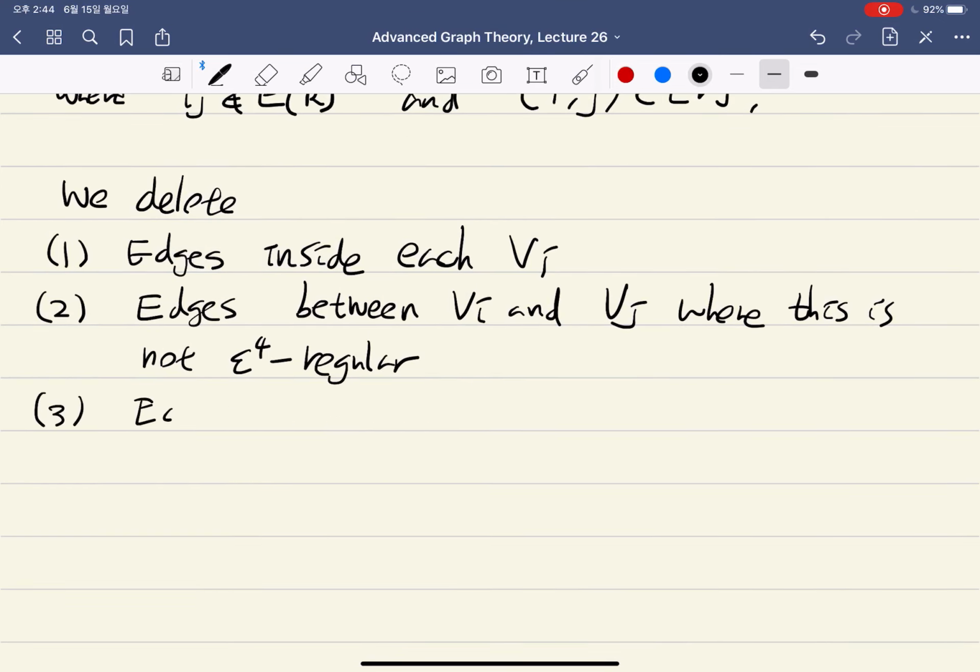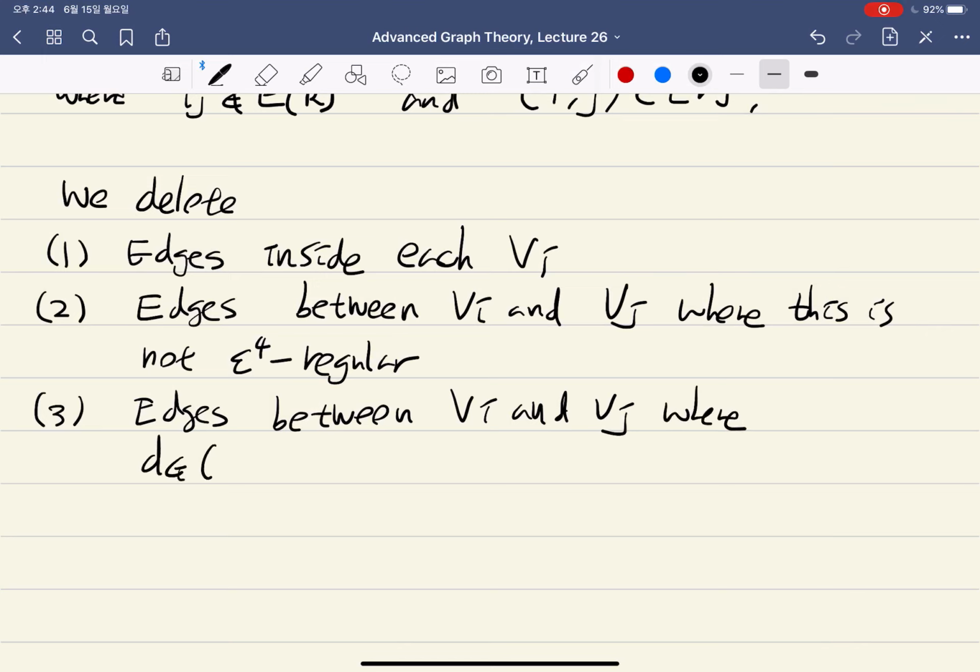And we delete the edges between Pi and Pj where the density between them is smaller than epsilon.